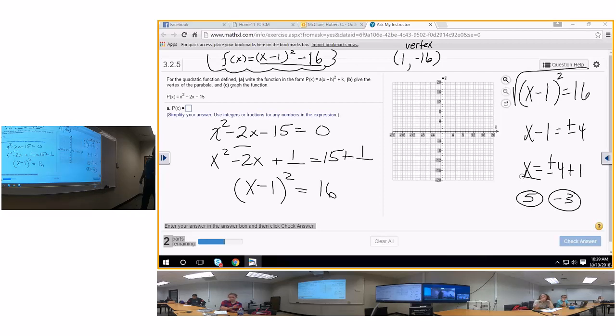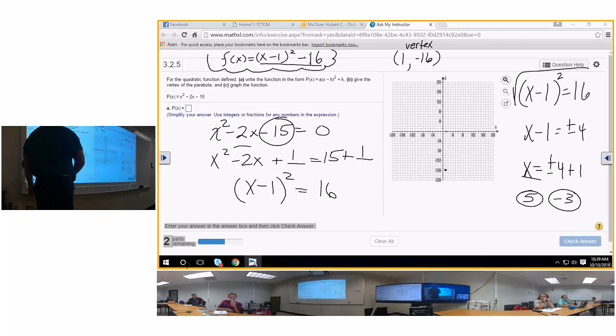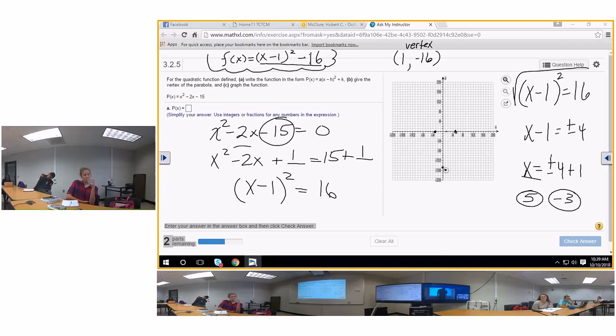So positive 1, negative 16. What's the y-intercept? Negative 15. What's the negative 3 and positive 5? That's it.